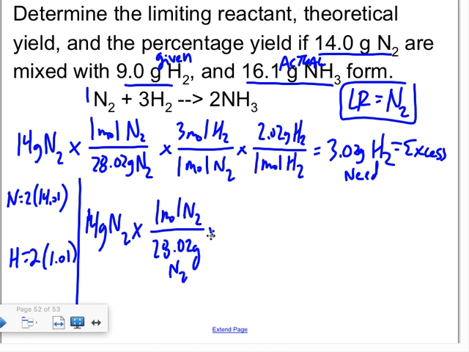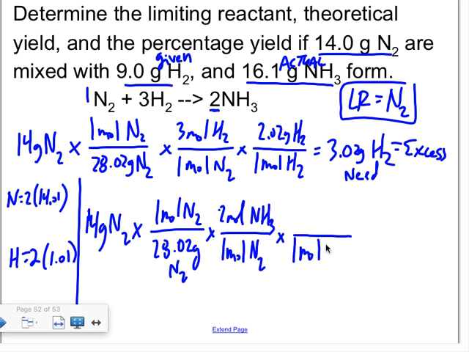Now I'm going to use the mole ratio, and I'm going from N2 to NH3. So I'm in moles of N2. I look up my chemical equation, 1 mole of N2 to 2 moles of NH3. I'm in moles of NH3, but I got to get to grams because it's in grams here. So 1 mole of NH3 is how many grams?